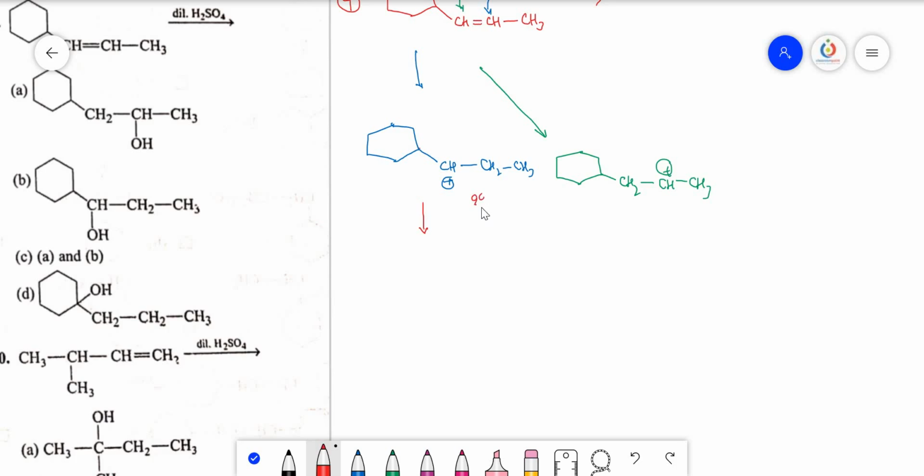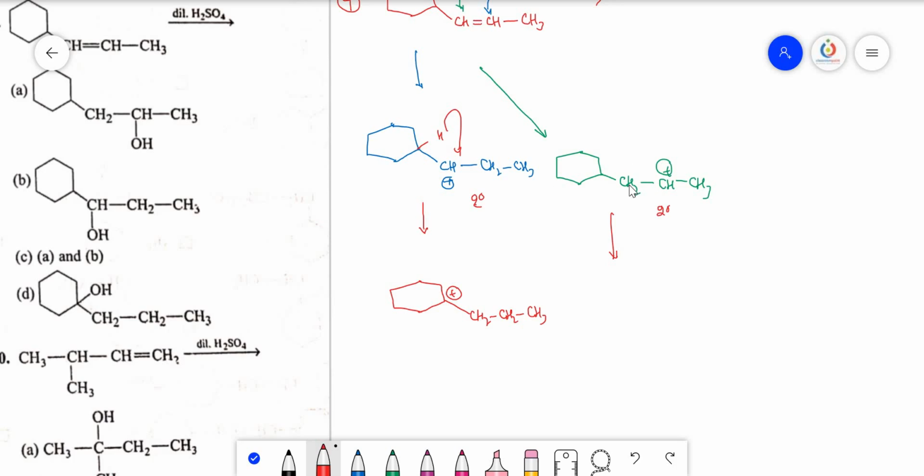So it is a secondary carbocation, so one of these hydrogens shifts over to this carbon, giving the stable tertiary carbocation. CH2, CH2, CH3. So this one has the positive charge. And here, this is a secondary carbocation like this, but this hydrogen will shift over here.